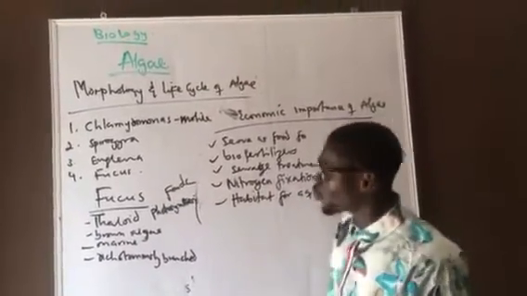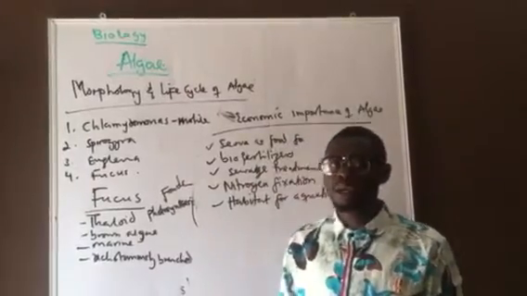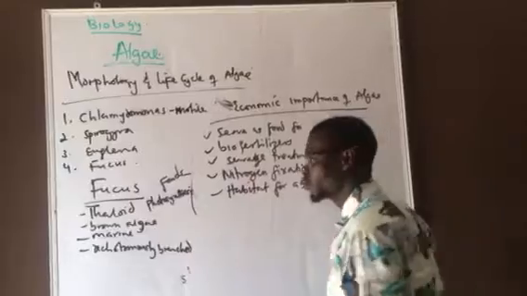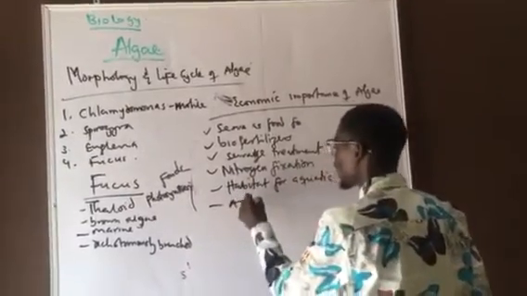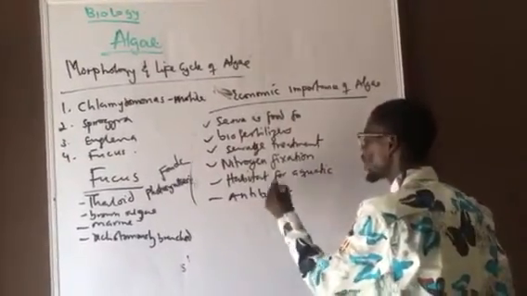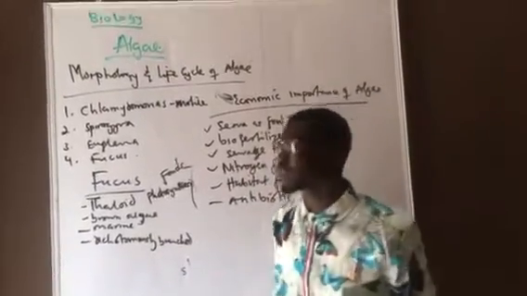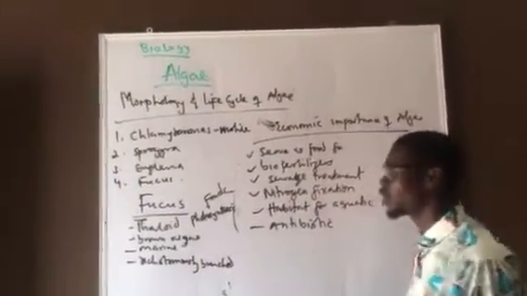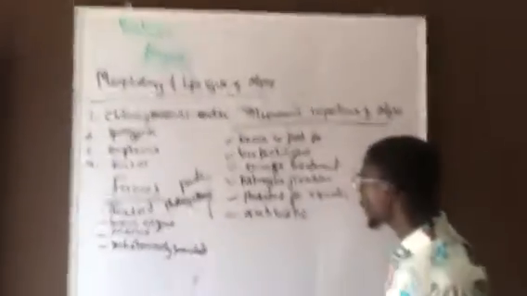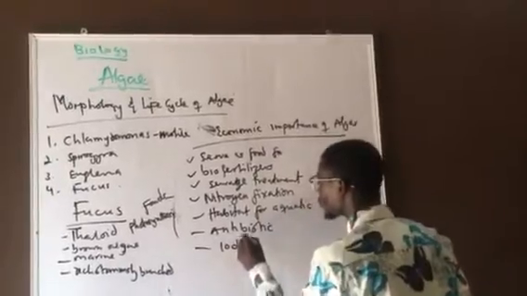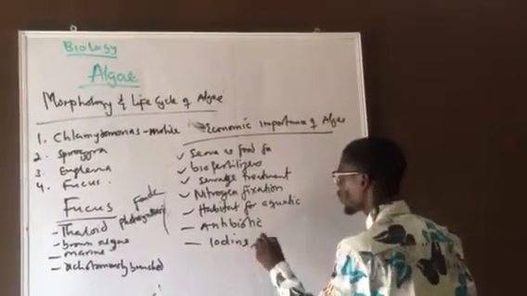Those are the macroscopic algae. Okay, so algae also have derivatives like extract from chlorella, which can serve as antibiotics. Extract from chlorella or cladophora can also serve as antibiotics. Algae can also be used in the production of important products such as iodine and potash.